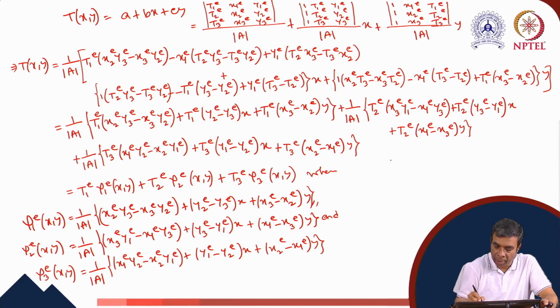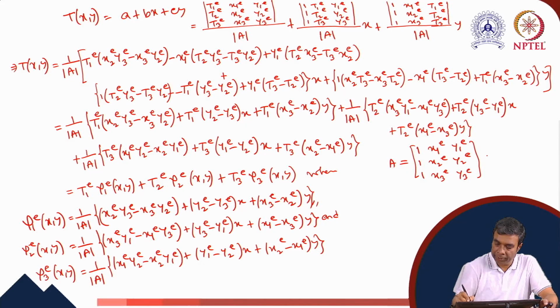Now our matrix capital A was [1, x1e, y1e; 1, x2e, y2e; 1, x3e, y3e].